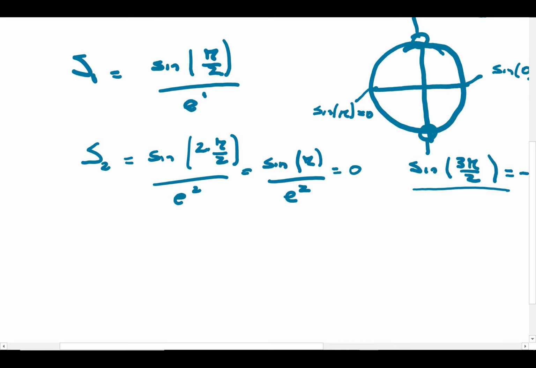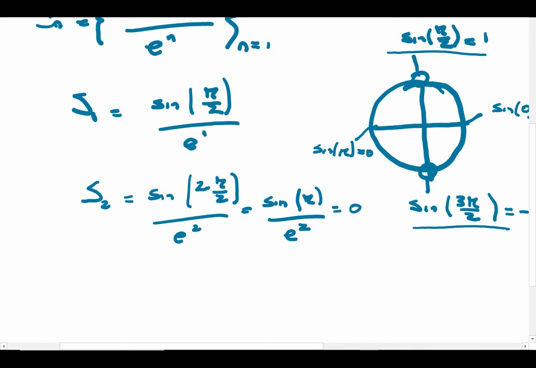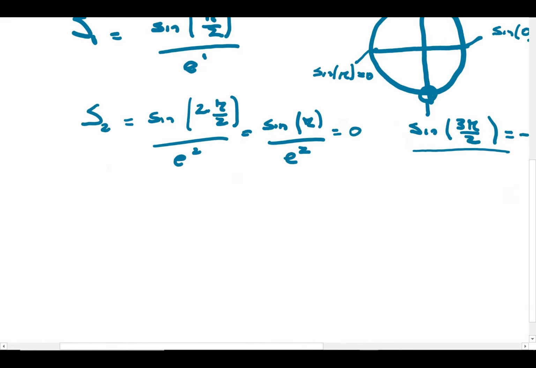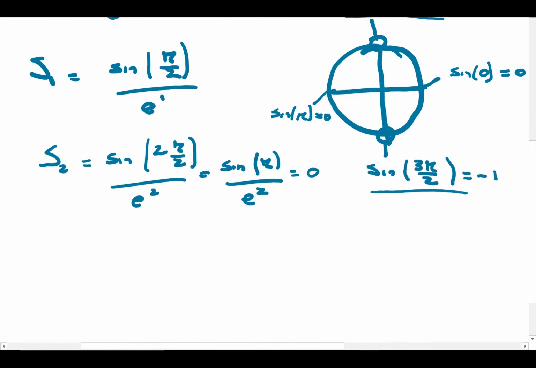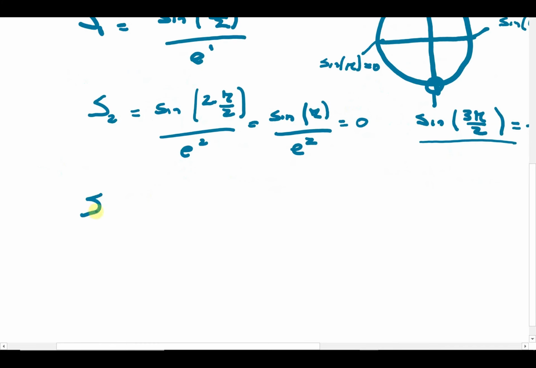So basically for all odd numbers, s1, s3, s5, we're going to get an oscillation between 1 and -1, and all the even values are going to be 0. As you can see this pattern right here.